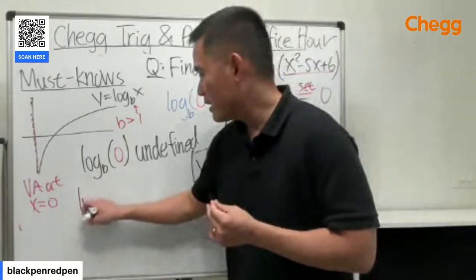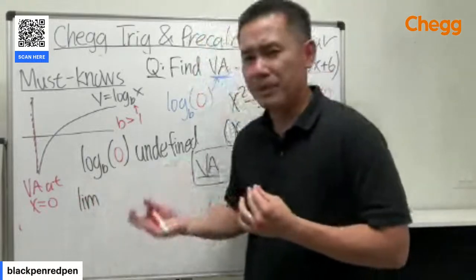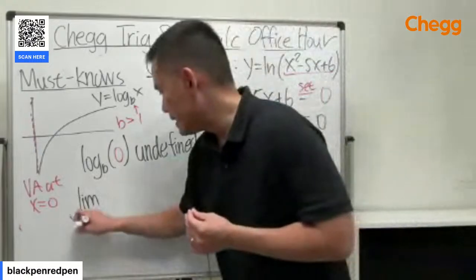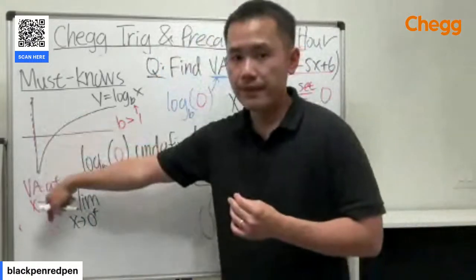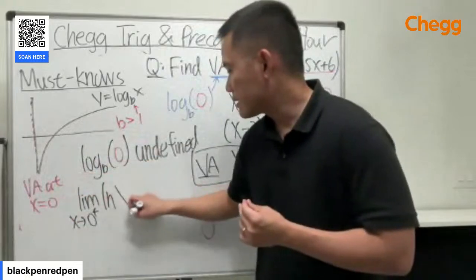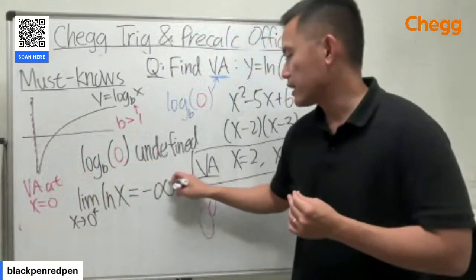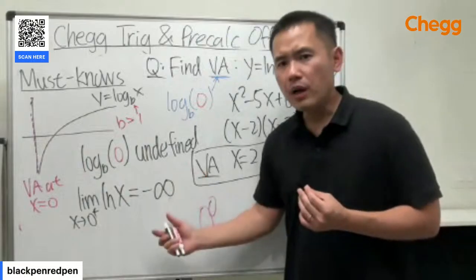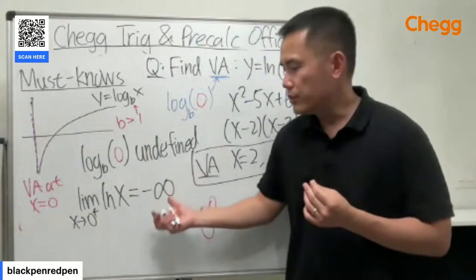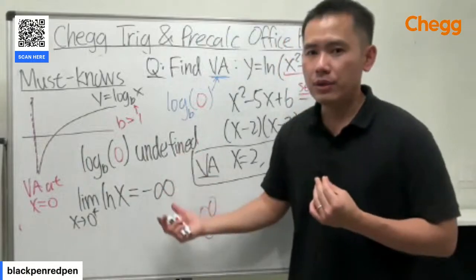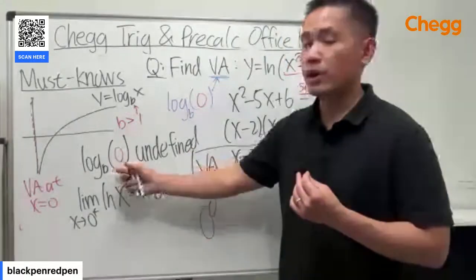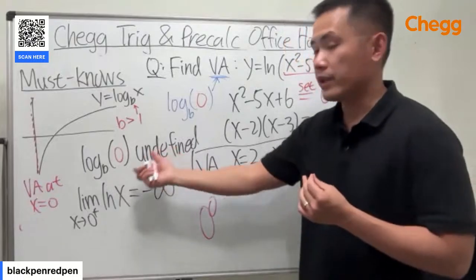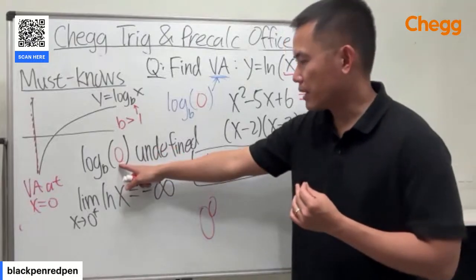Well, if you're saying the limit, which is like the behavior, as x approaches 0 from the right-hand side of ln x, you do get negative infinity. And in precalculus, you do start to learn about limit and the behavior because we want to talk about the situations that we cannot do. We cannot plug in 0.